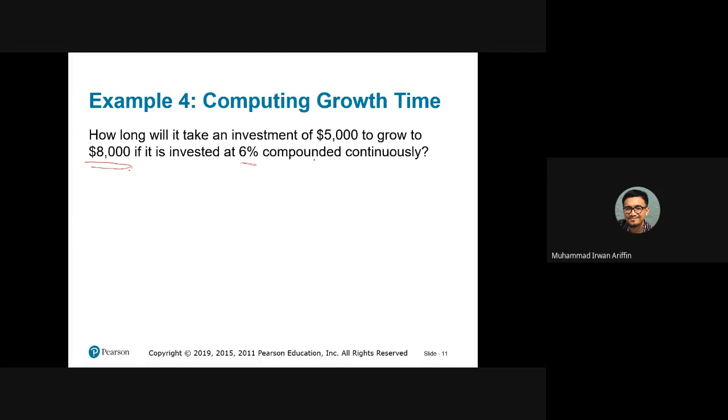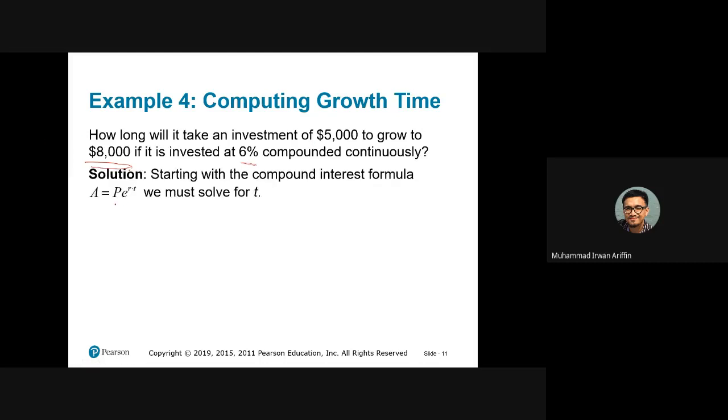Now you want to know how long you should put your money there. We apply this formula: P is given, A is given, R is given, and we need to solve for T. We substitute all the values here. Can you find the value of T? Of course you can.